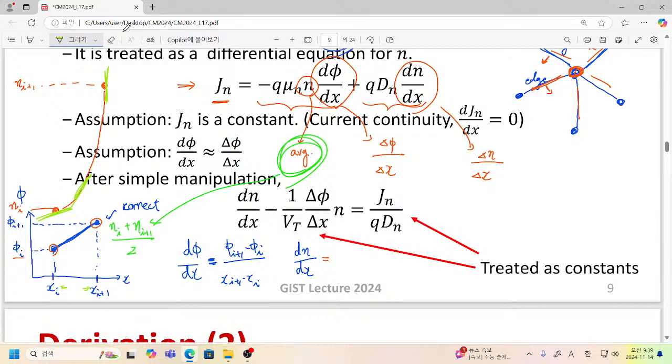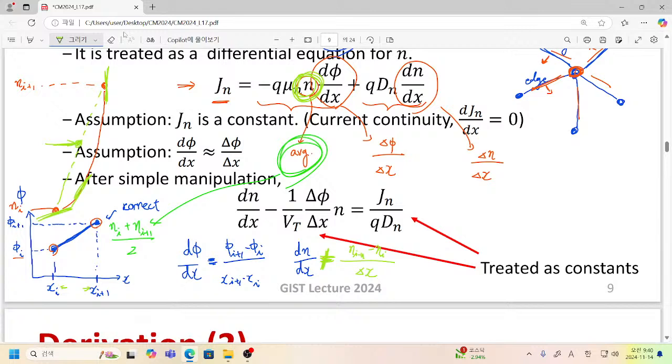Anyway, the expression n i plus 1 minus n i divided by delta x cannot be a good approximation for our dn over dx term, and also which is the correct n value to be applied, maybe the midpoint value is not that appropriate.